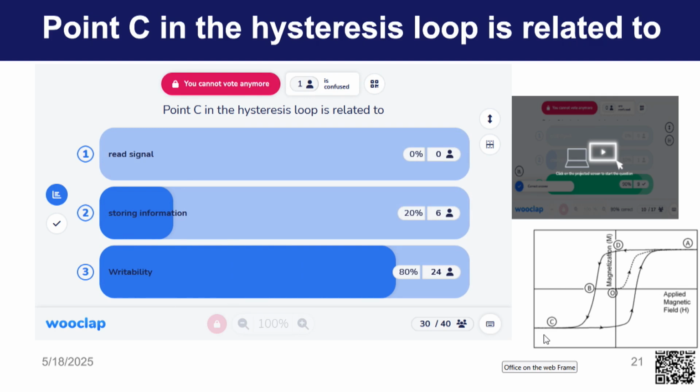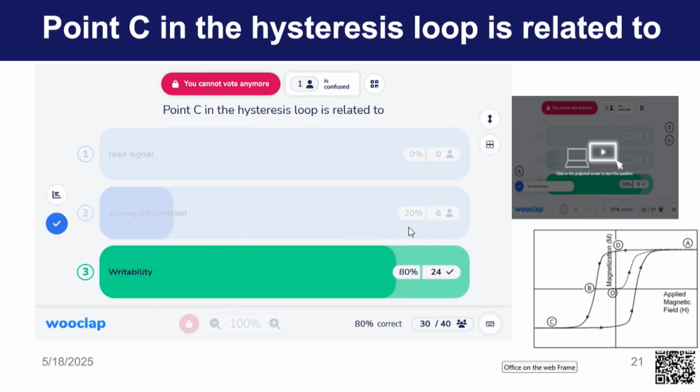C is related to Hs, the saturating field we learnt, and the saturating field is related to writability. So, this is the correct answer.